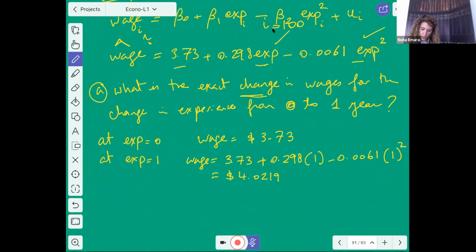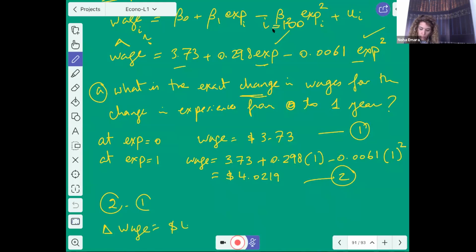So you will need to get the difference between, let me call this one equation 1 and this equation 2. I need to do 2 minus 1, and it's going to give me the change in wage, which is equal to 4.0219 minus 3.73, which is 0.2912.